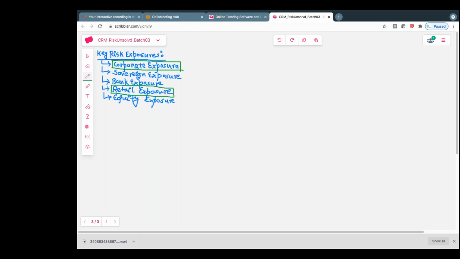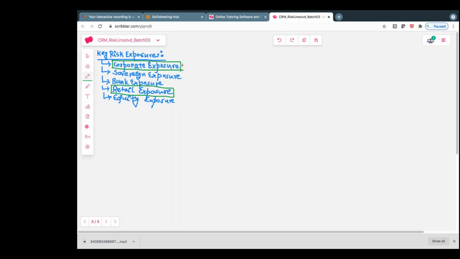But we will be exploring the classes or the types of each of these exposures. But our key area of focus will be the corporate and the retail exposures.